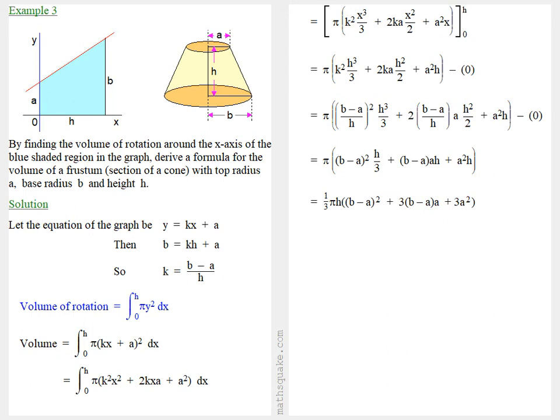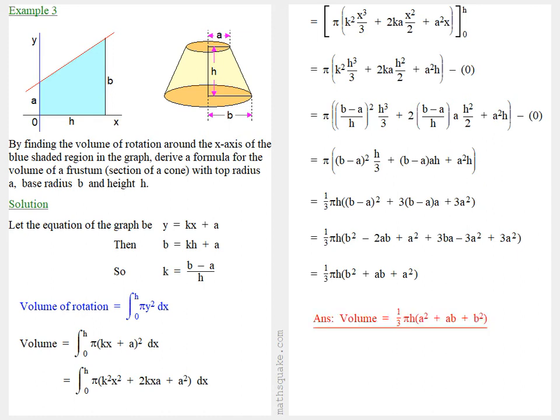And we can take out the h over 3 as a common factor to give us 1/3 pi h times ((b minus a) all squared plus 3 times (b minus a) times a plus 3a squared), which is equal to 1/3 pi h times (b squared minus 2ab plus a squared plus 3ba minus 3a squared plus 3a squared), which all simplifies down to 1/3 pi h times (b squared plus ab plus a squared). And that is the volume of a frustum. The volume is 1/3 pi h times (a squared plus ab plus b squared).